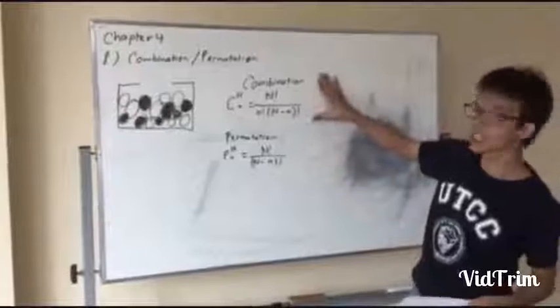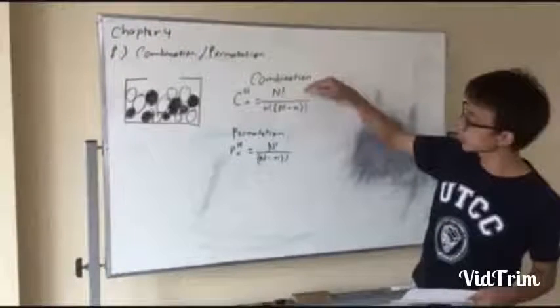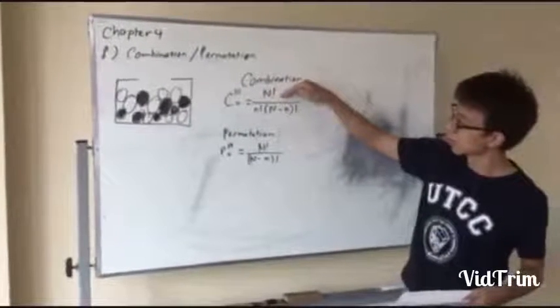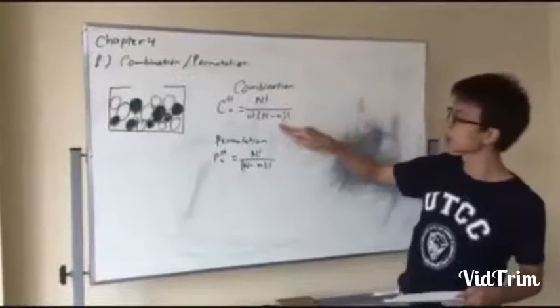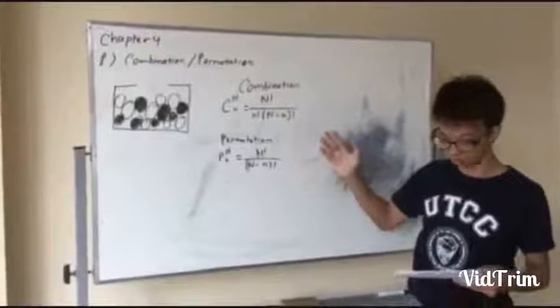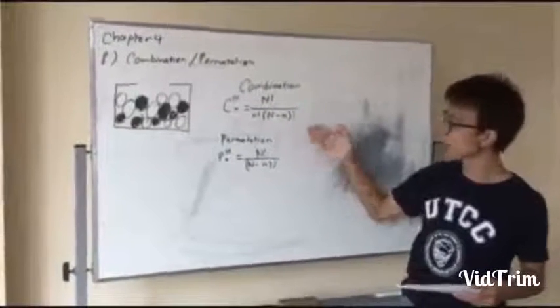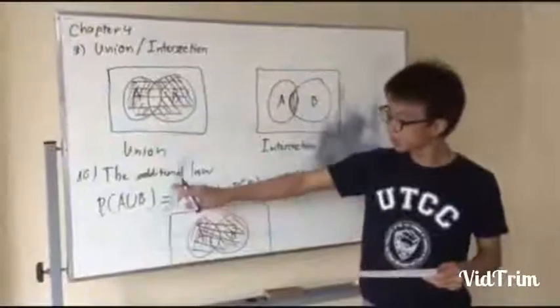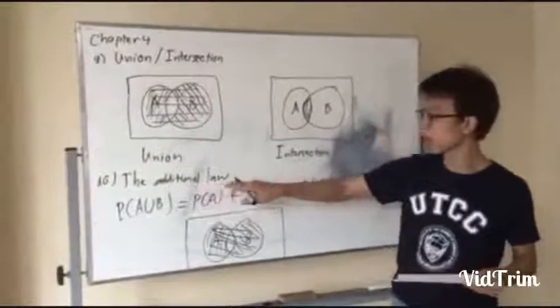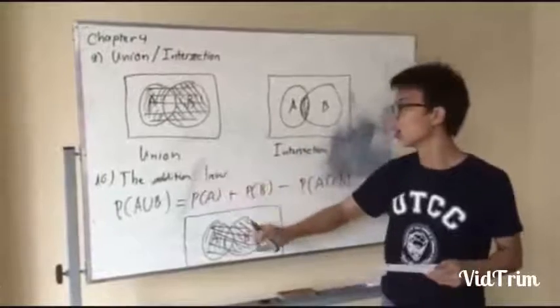For the combination, you will find out the number from this one. Yes, you can see it's the formula of combination and permutation. Okay. For question number 10, I will tell you about the addition law.